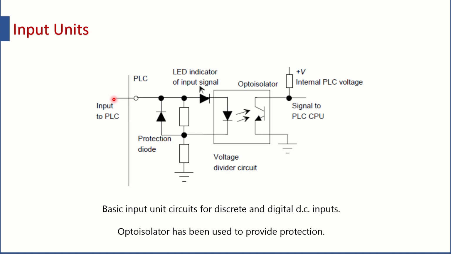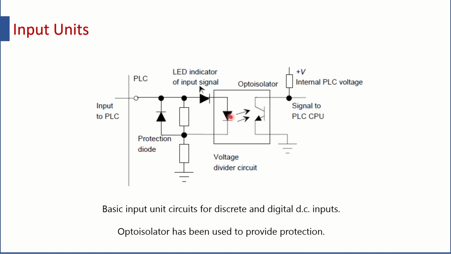Because you are applying whatever voltage is there from the field point to drive an opto-isolator. This is a new terminology, opto-isolator. Here, whenever some signal is there, that activates an LED.